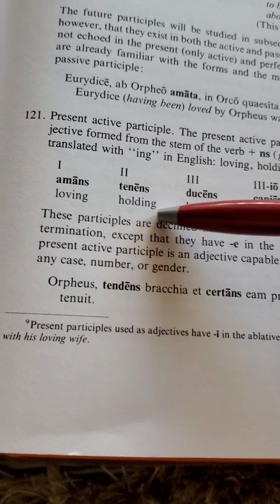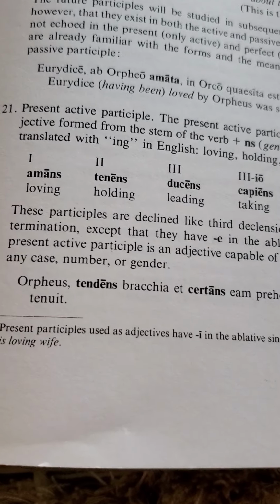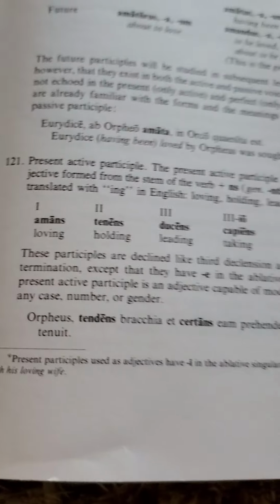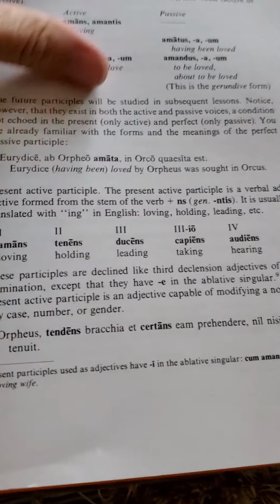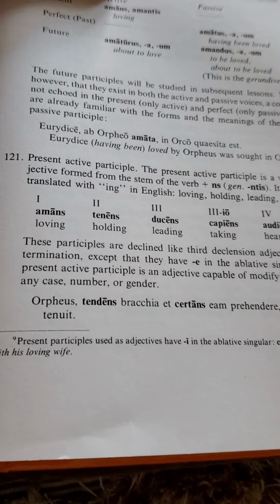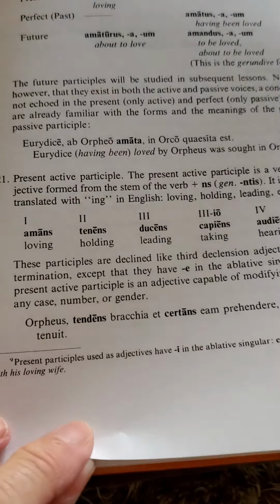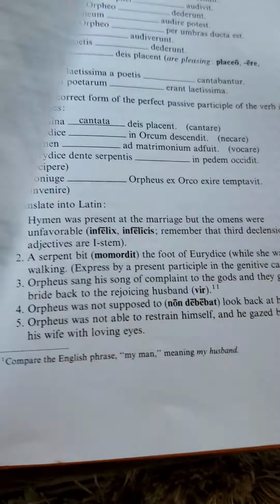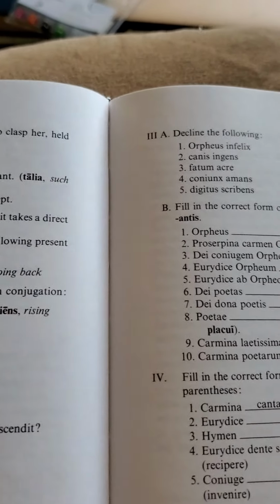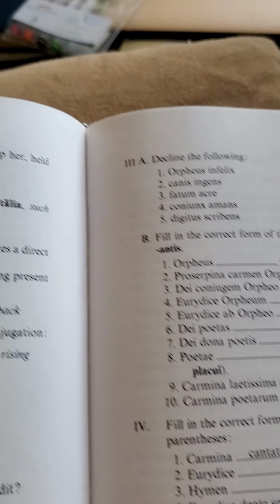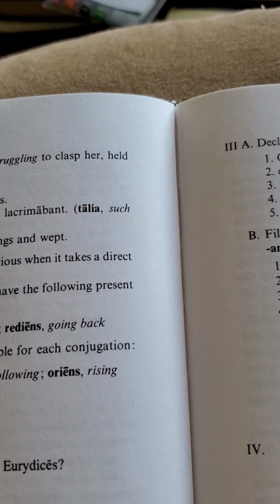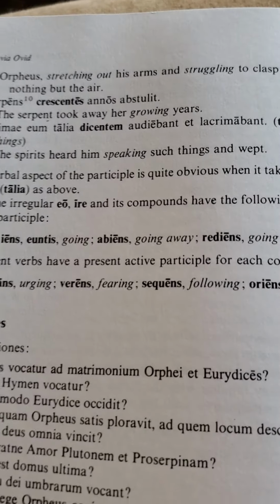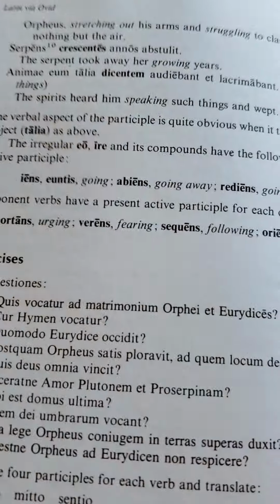So, you whack off the RE and you add the NS and the NTIS. And then these present active participles or adjectives, she's going to give you several examples of how they work, so you can look at those. And there's an irregular one. We're just going to ignore that for right now.